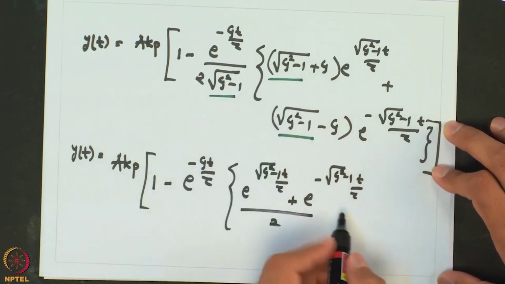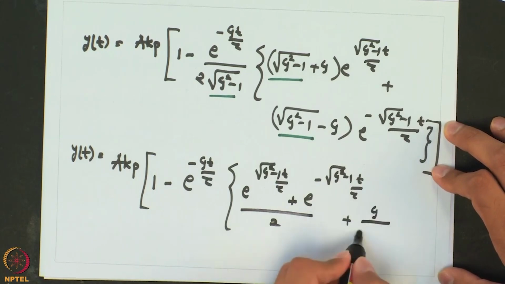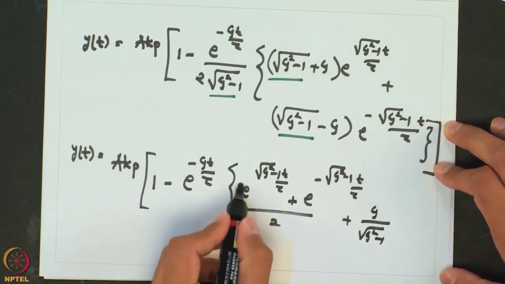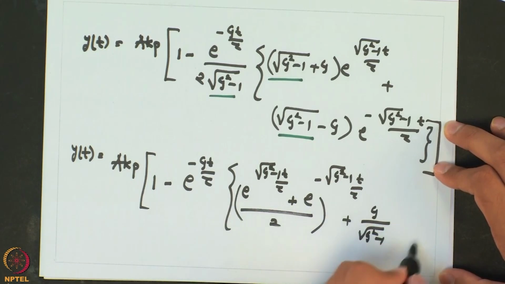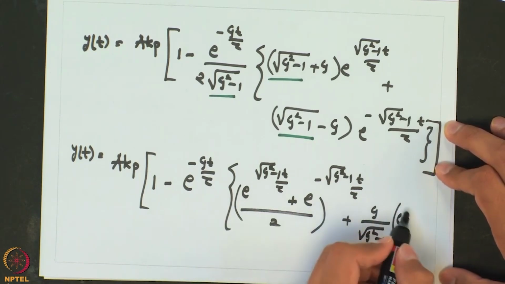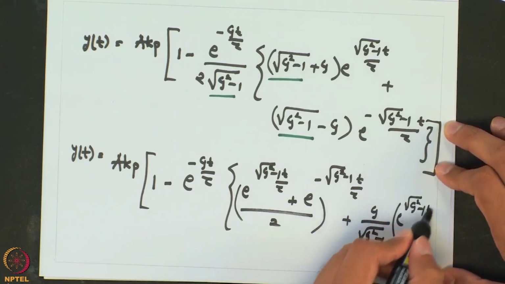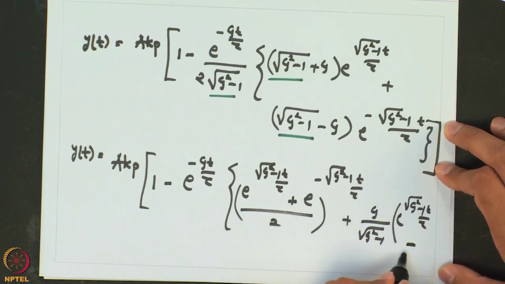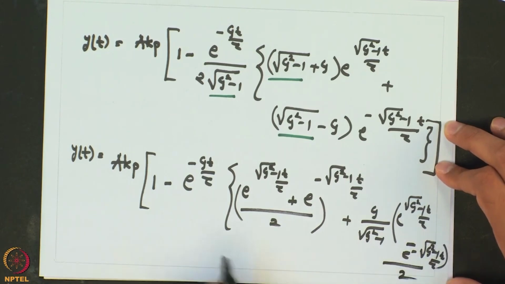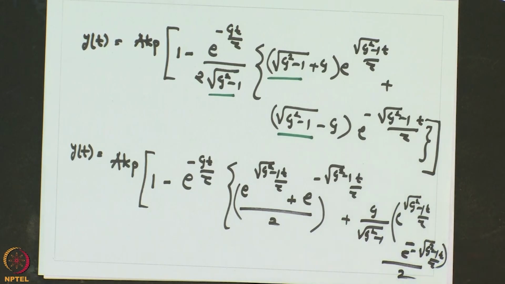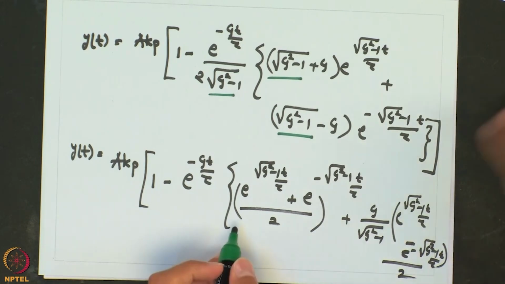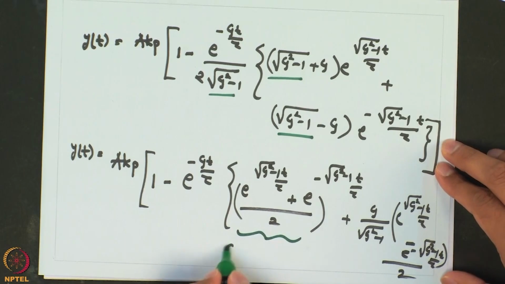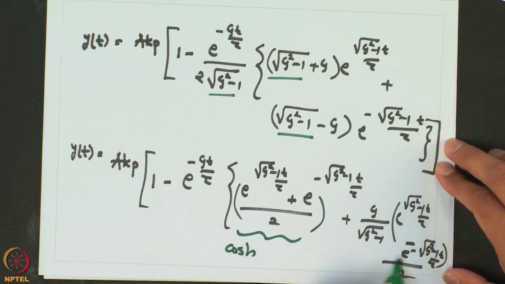And similarly, for the other case what we would have is zeta over root of zeta square minus 1, and then the other term, which will be e raised to root of zeta square minus 1 t over tau minus e raised to minus root of zeta square minus 1 t over tau, divided by 2, which we can note will be a cosine hyperbolic form, and this other thing is sine hyperbolic.